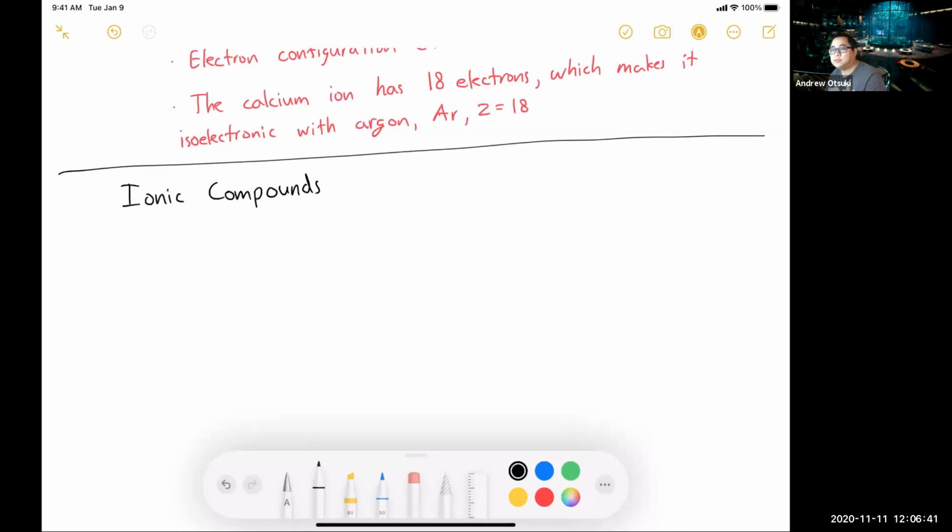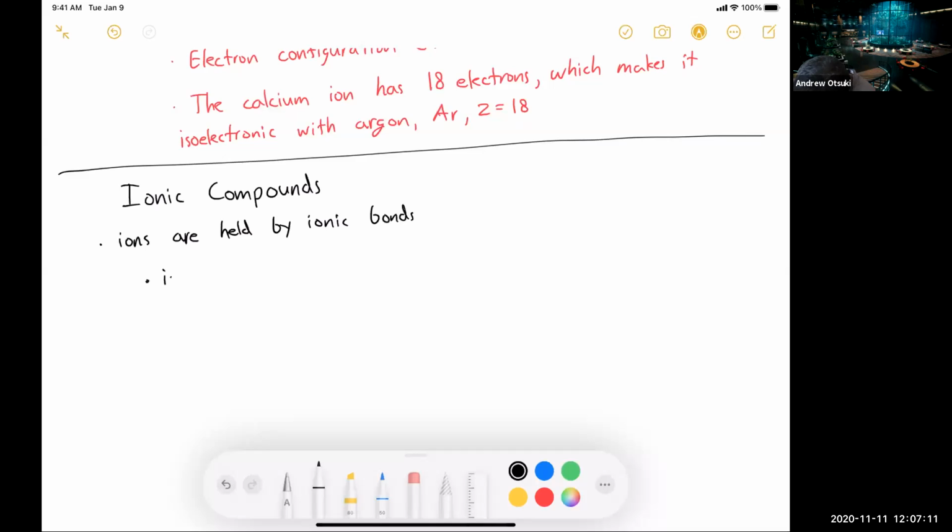Compounds of the ionic type are composed of ions, not neutral elements. These ions are held by ionic bonds. So basically, electrostatic attractions between positive and negative ions. So those are ionic bonds.